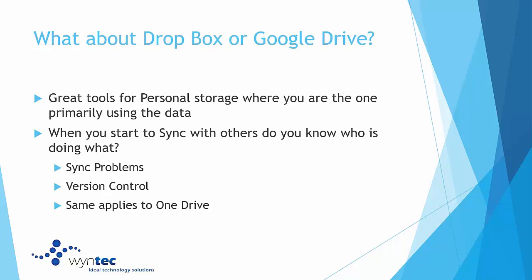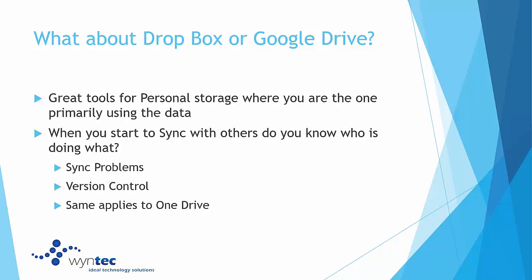So one of the things that does come up, and it's a great question, is what about Dropbox or Google Drive? Where do they fit in, and what are the key differences? So Dropbox and Google Drive, much like OneDrive and OneDrive for Business, are really great tools for personal storage where you're the primary person using that data.